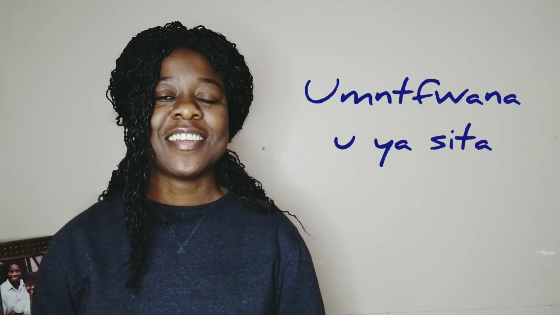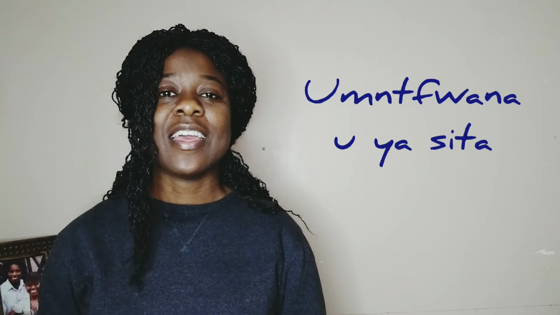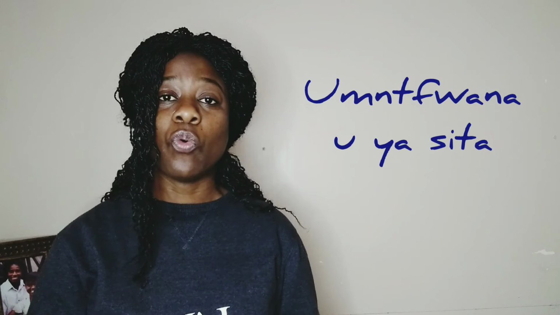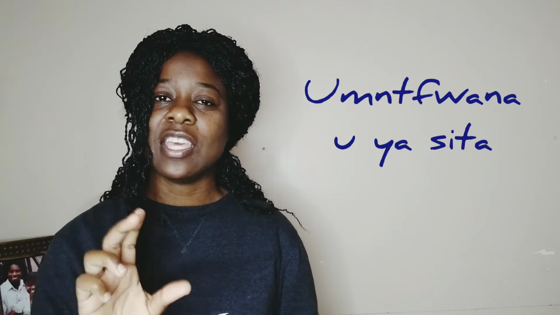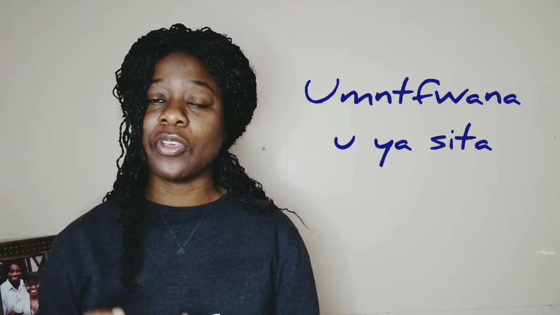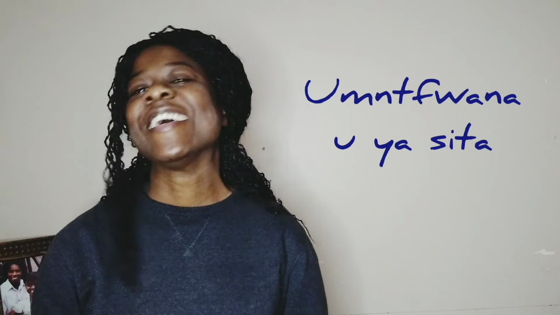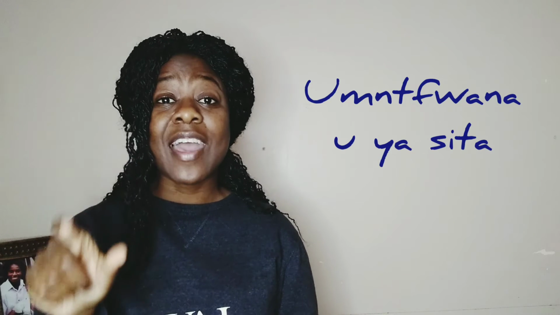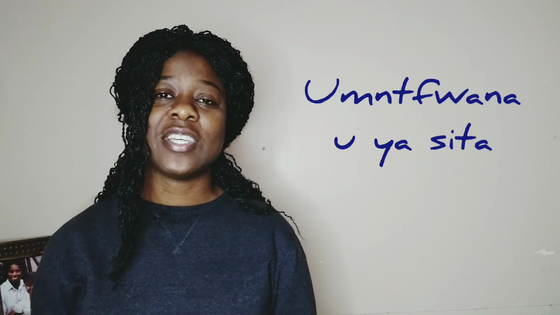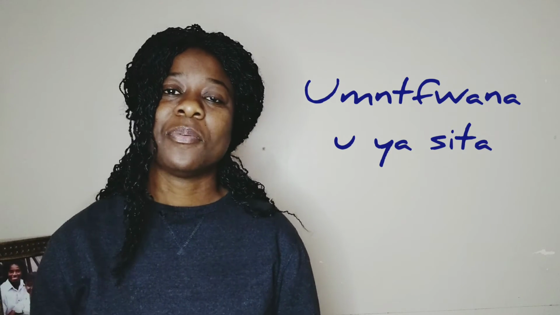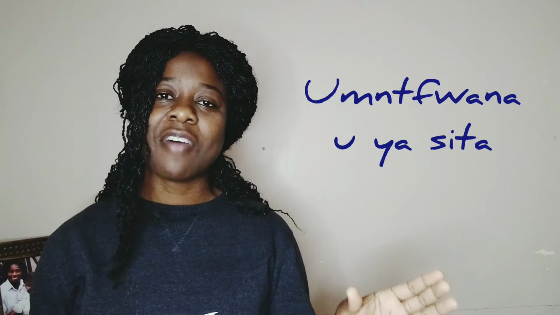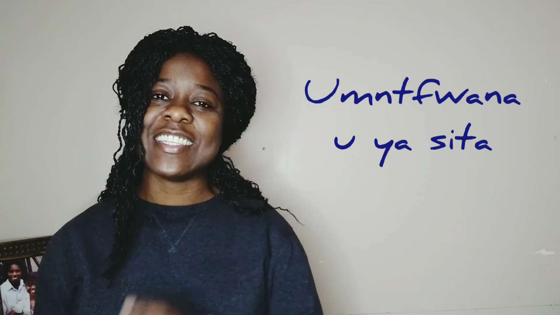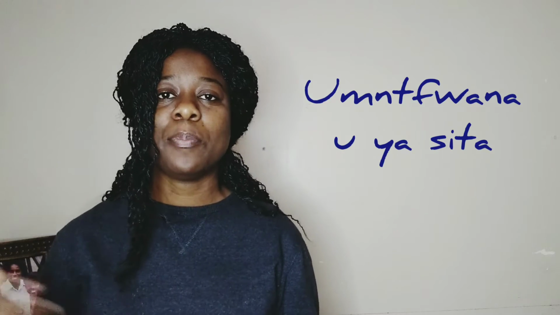The child is umntwana, and then we would say u, which is he or she. U means he or she or you. So one word for three pronouns. Umntwana, u, and then we would put ya because our sentence has no object, and then sita, which is our verb. Umntwana uyasita. The child is helping, or the child helps.